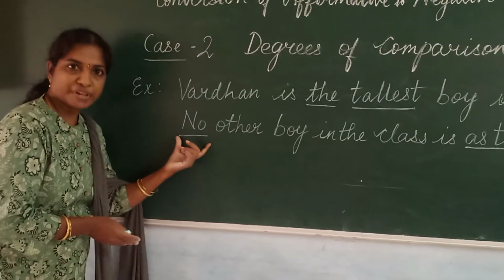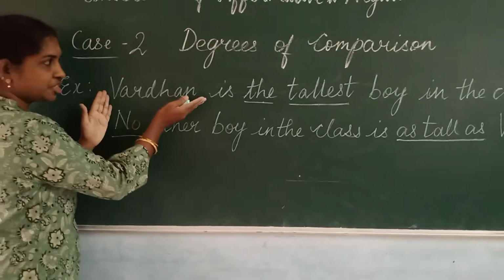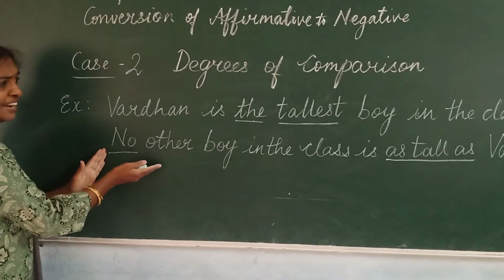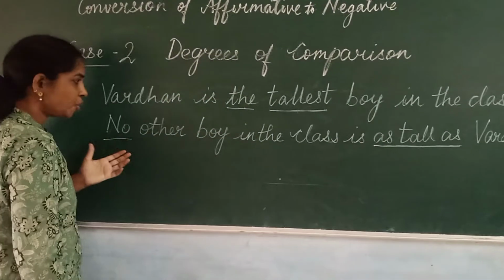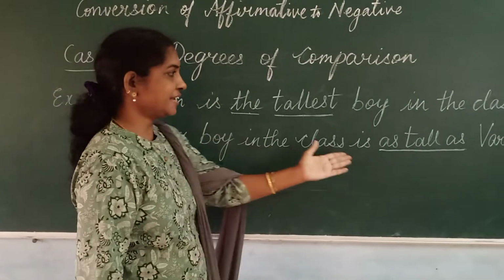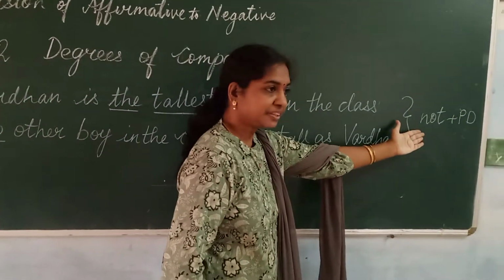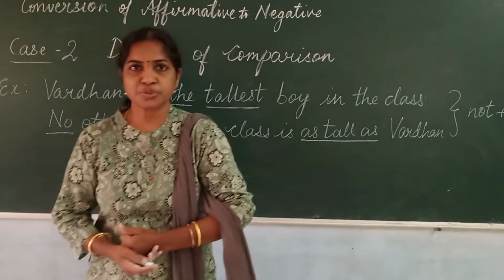So here, the presence of no confirms that it is a negative sentence. I changed the sentence in superlative degree to a negative sentence using no and positive degree: No other boy in the class is as tall as Vardhan. So you have to remember this, not plus PD. PD means positive degree. Yes, students?